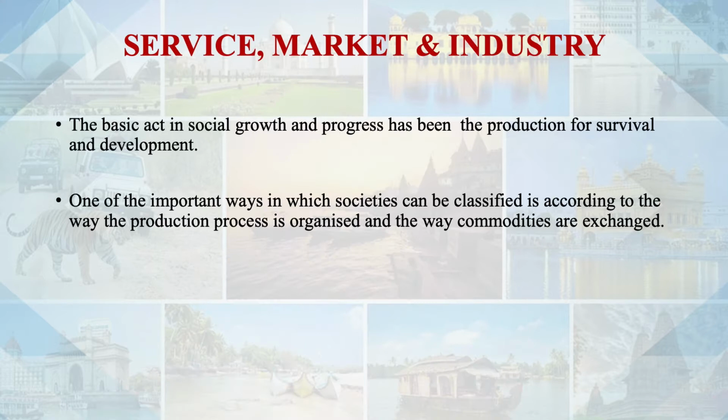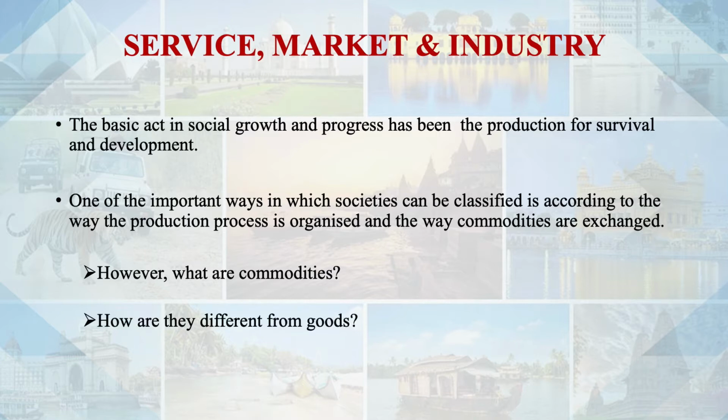Now, as I said earlier, even now in the business world, we exchange goods and services, right? We exchange commodities. So now we need to understand the word commodity. What is a commodity, and how is a commodity different from goods?